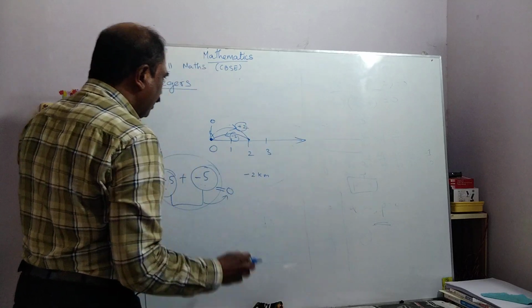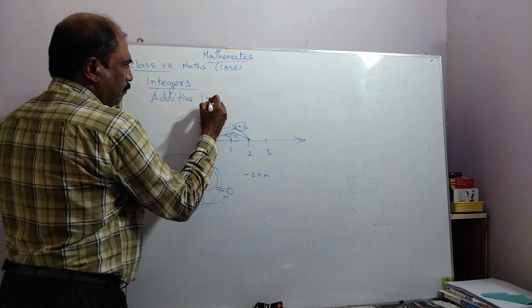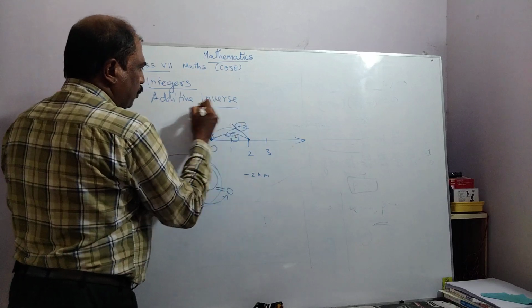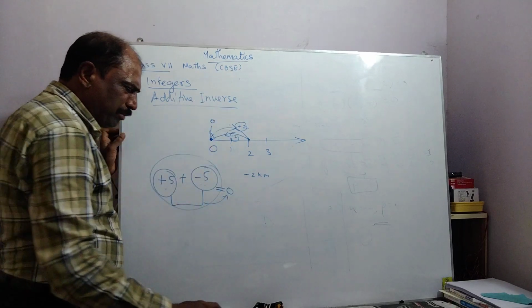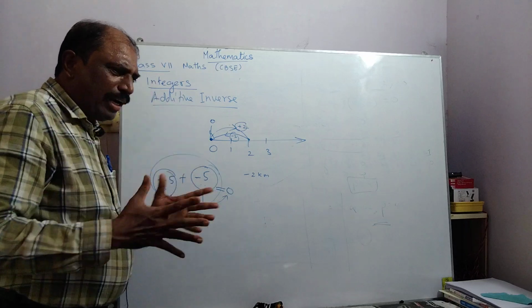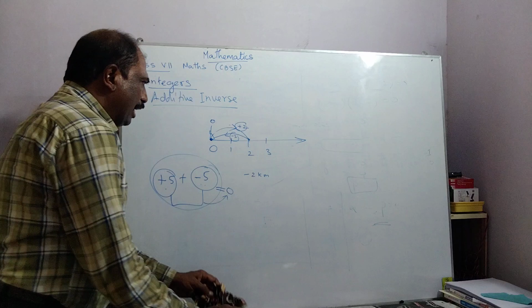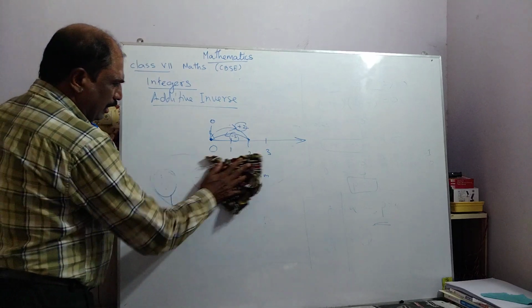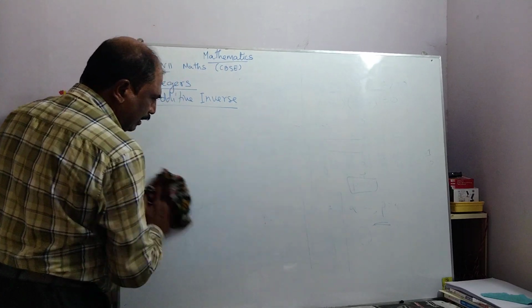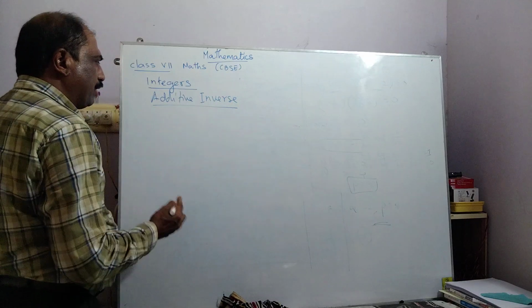Sometimes students don't understand the meaning of additive inverse and simply start writing. Additive inverse means the integer which, on adding, gives 0. Inverse means the reverse, the opposite of the other.